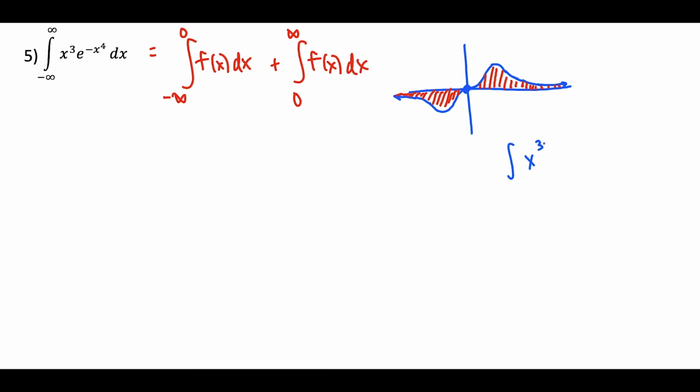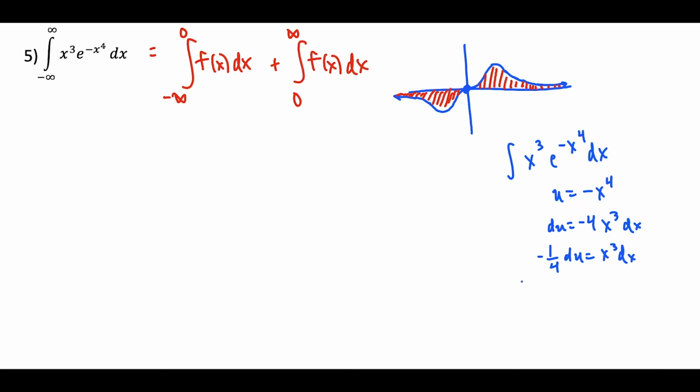Well, on the side, what we could do that's going to help us for both questions is find the antiderivative of this integral here. So if we let u equal negative x to the 4th, then du is equal to negative 4x to the 3rd dx, which allows us to write negative 1/4 du equals x to the 3rd dx.